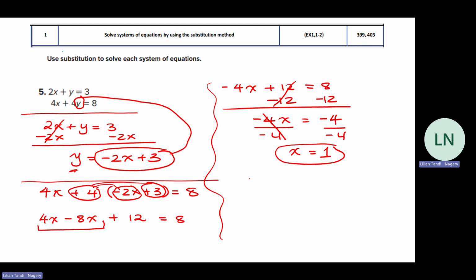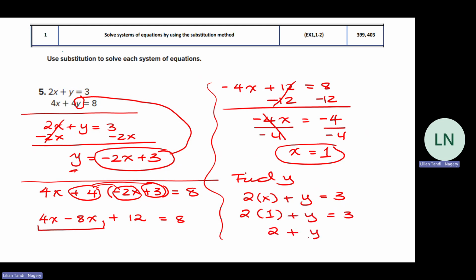Then now I need to find y. It doesn't matter which equation, I will use the one with the fewer values. So 2 parentheses x plus y equals 3. 2 multiply 1 plus y equals 3. 2 plus y equals 3, minus 2 on both sides.